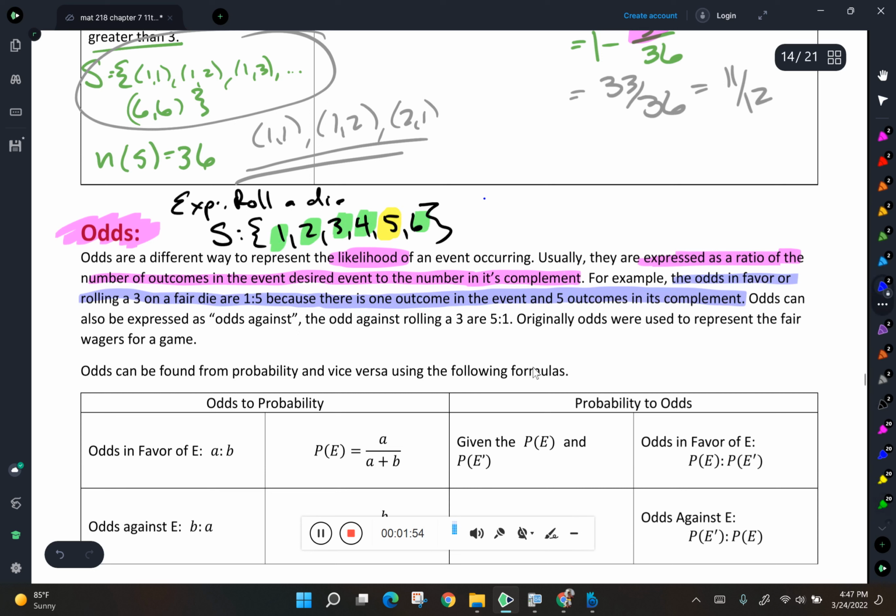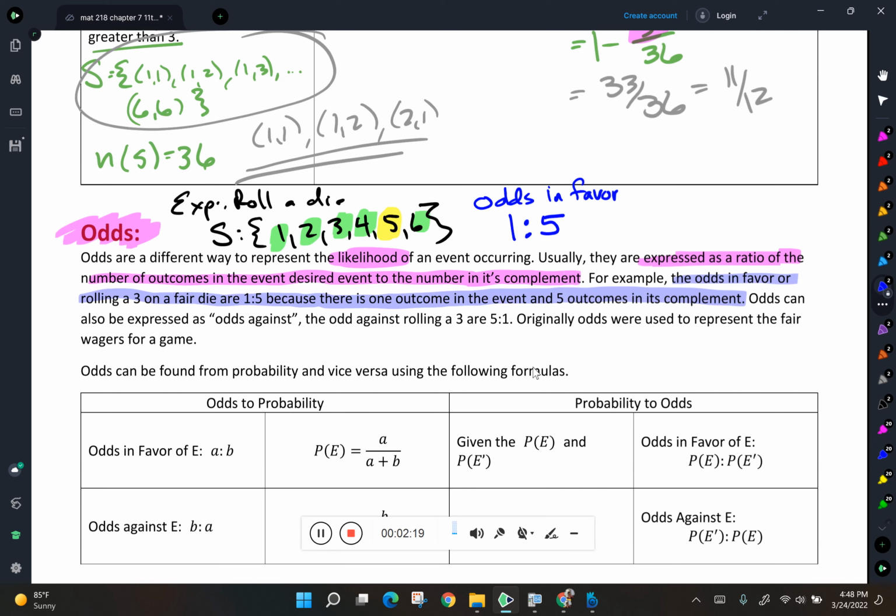So the odds in favor are 1 to 5, meaning that there is 1 positive outcome that you want. The event in question has 1 outcome in it, and there are 5 outcomes in its complement.